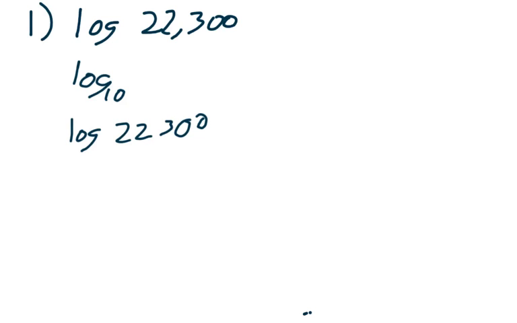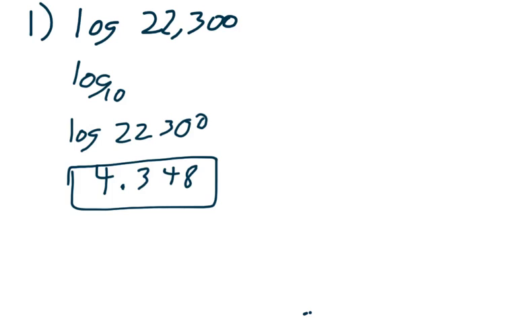So if you just plug in log of 22,300, you get an answer of 4.348. And just to let you know that that is the answer, what that means is if you take 10 to the 4.348 power, you are going to get something close to the number that we started with.